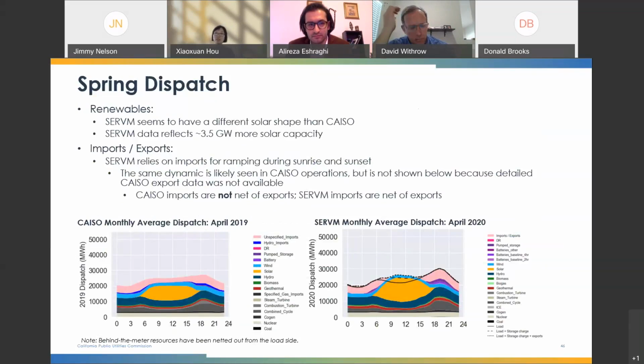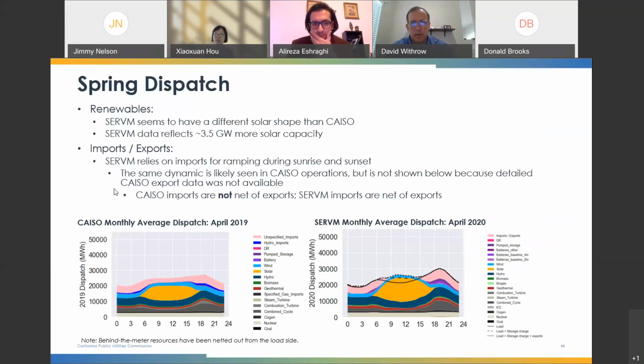The first one is the renewable generation on the SERVM side, especially the solar output colored in yellow. We're seeing a lot more solar output from SERVM, and that is because we're looking at SERVM's 2020, which has a lot more solar capacity on the system. But in addition to that, SERVM's solar shape is slightly different than what CAISO has, and we have flagged that as an area for further investigation.